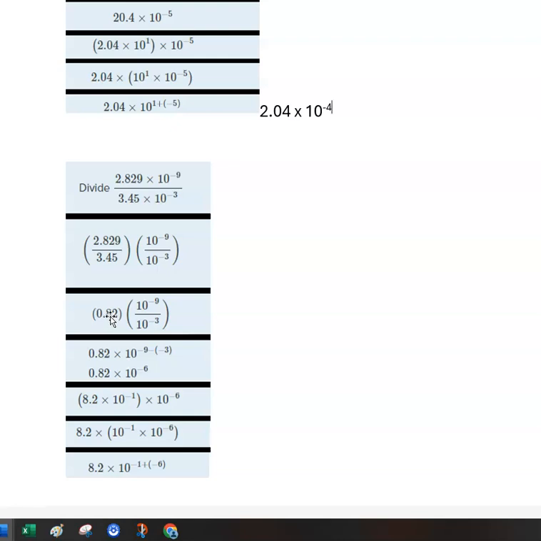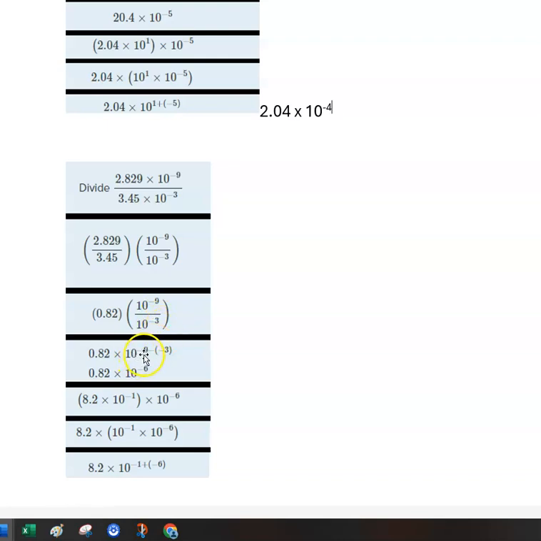Just write it down for now. Now, when you divide exponents that have like bases, you subtract the exponents. Let me say that again. When you're dividing and you have the same bases, which in this case are 10, you subtract the exponent.